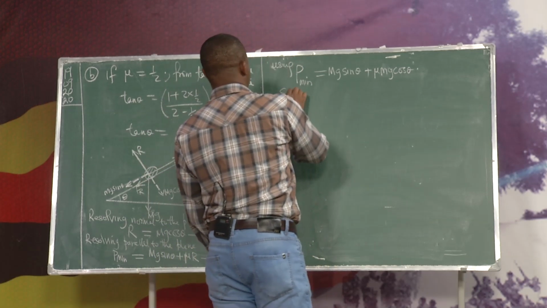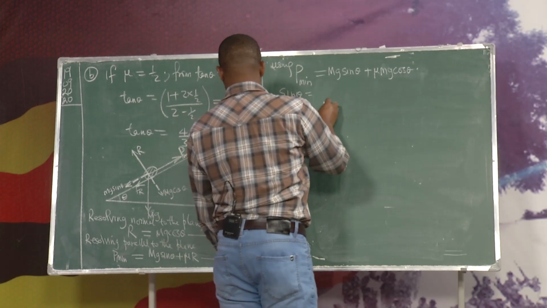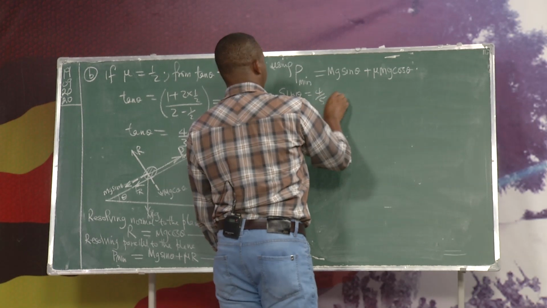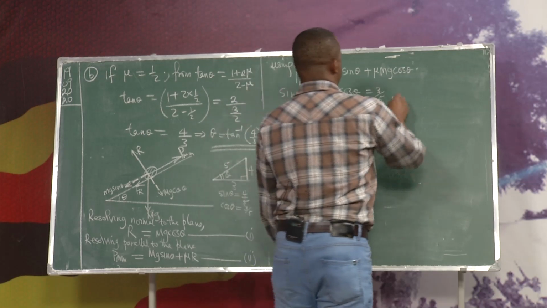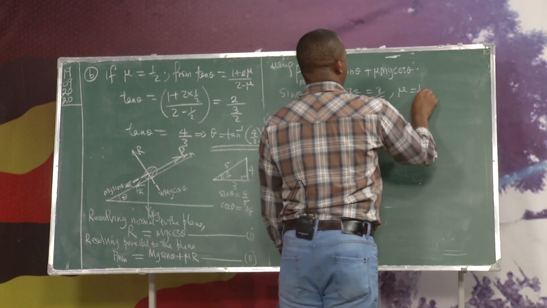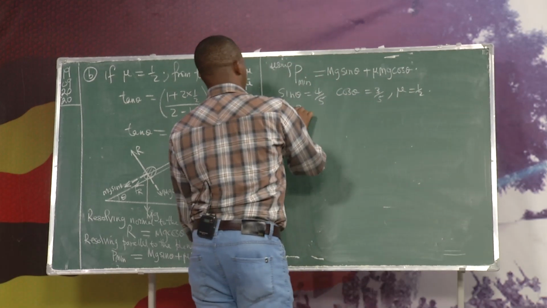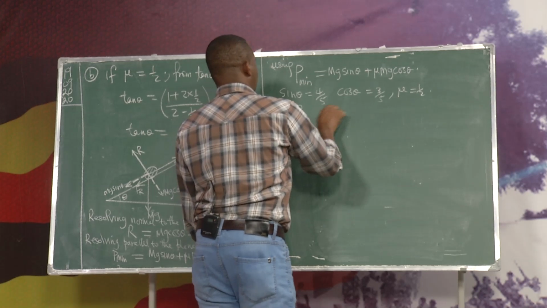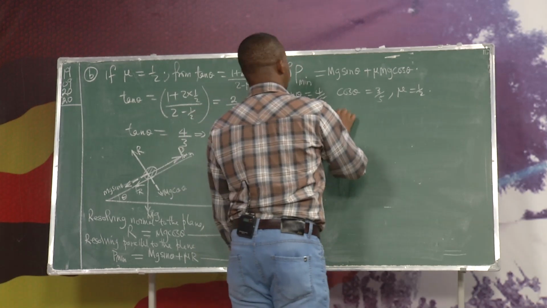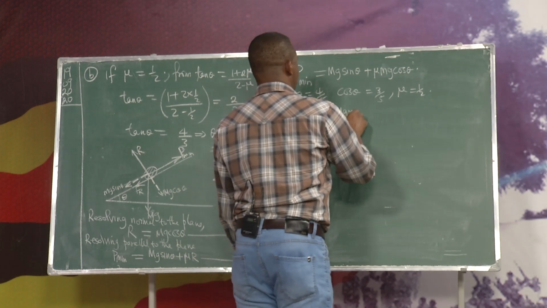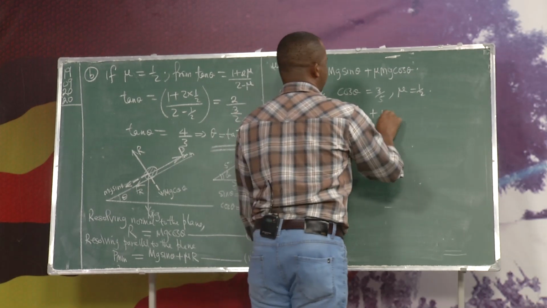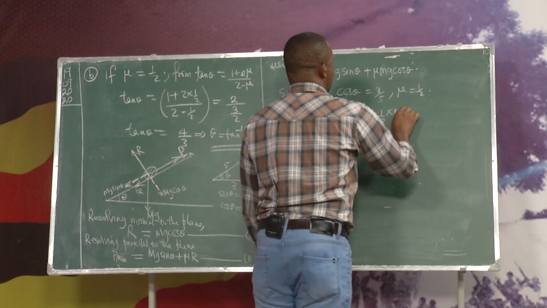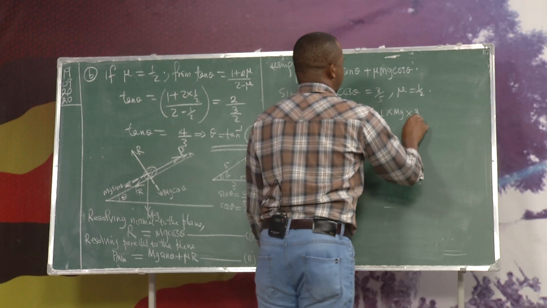We have our sine of theta as 4/5, our cos of theta as 3/5, and our mu as a half. So the minimum force, which actually we are supposed to show, will be mg times 4/5 plus a half times mg times 3/5.